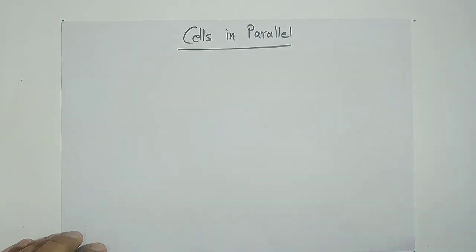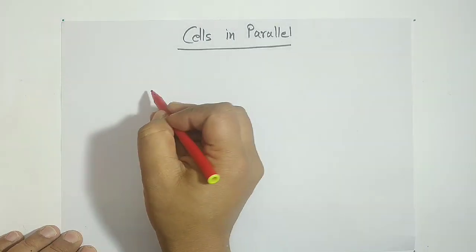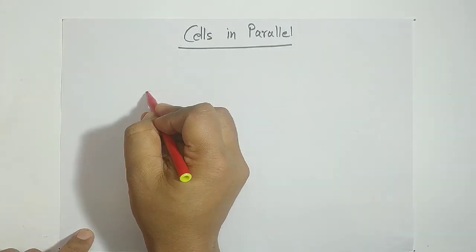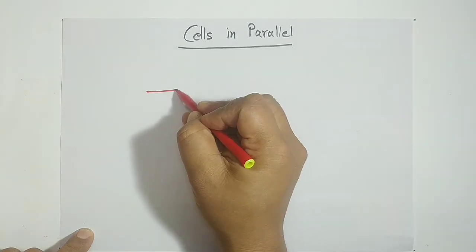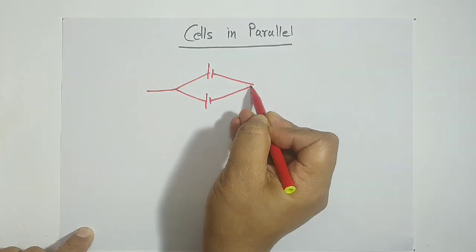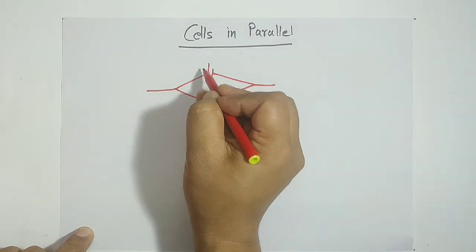So I am talking about cells in parallel, and here I have taken two cells, one is this and another is this, and they are in parallel.